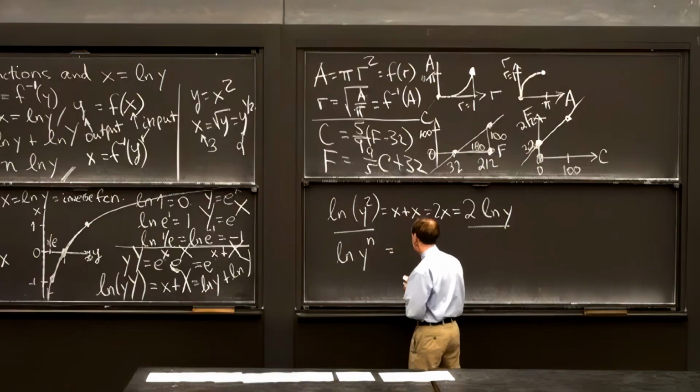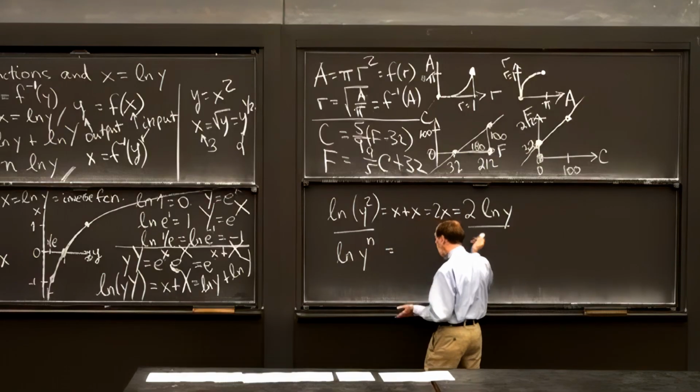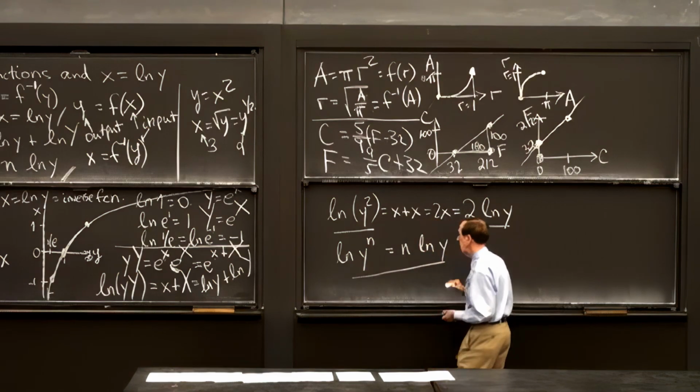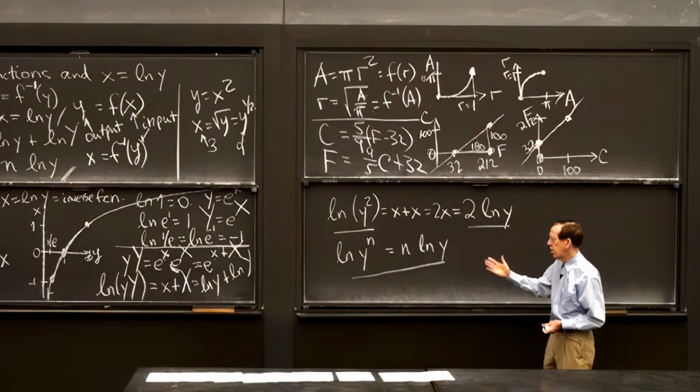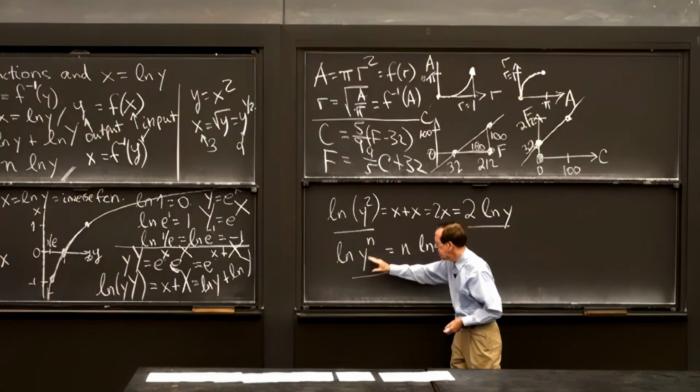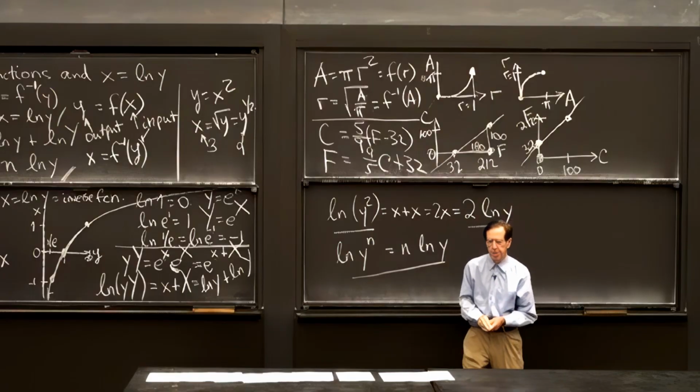I'll have n of these, so I'll have n logarithms of y. So that's a closely related property that takes the same y to different powers.